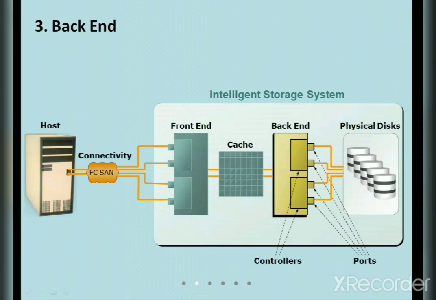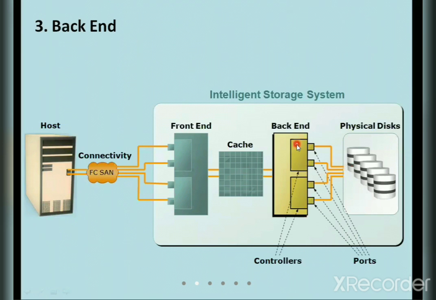And the third component we have been discussing in the intelligent storage system is the backend. This backend is directly connected to your physical disk. Again, you can see here these are the controllers, and we have the ports from which the data is transferred to the physical disk.